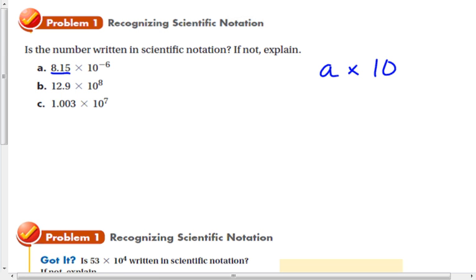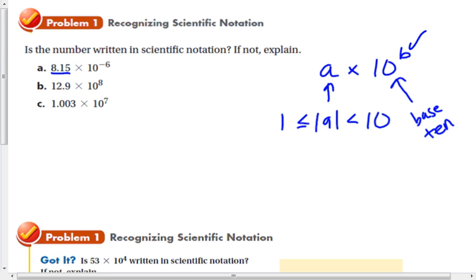This number is written in scientific notation if the absolute value of A is between 1 and 10, including 1, but not including 10, and the base is 10, and the power is an integer. Okay, so that's a review.